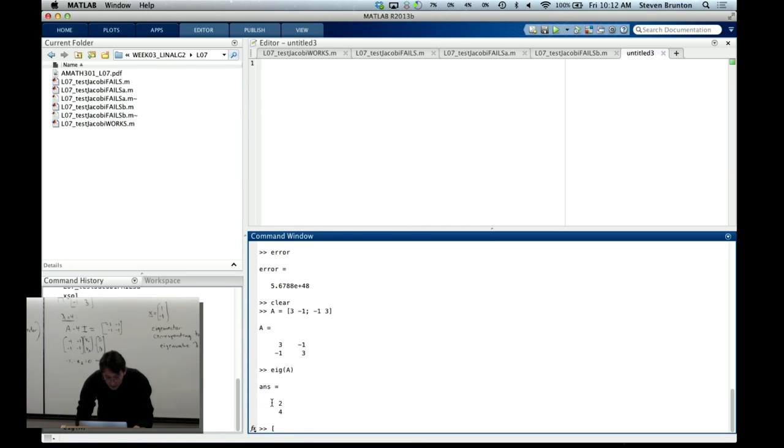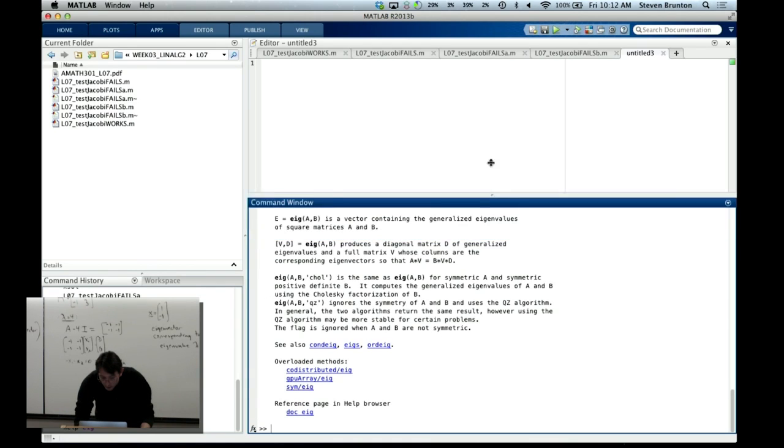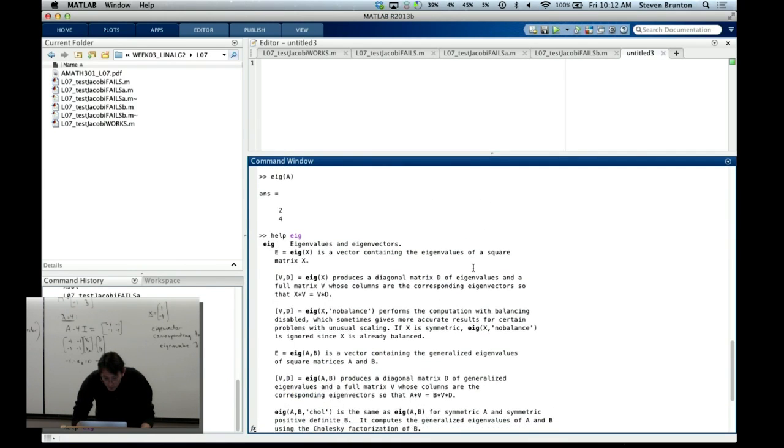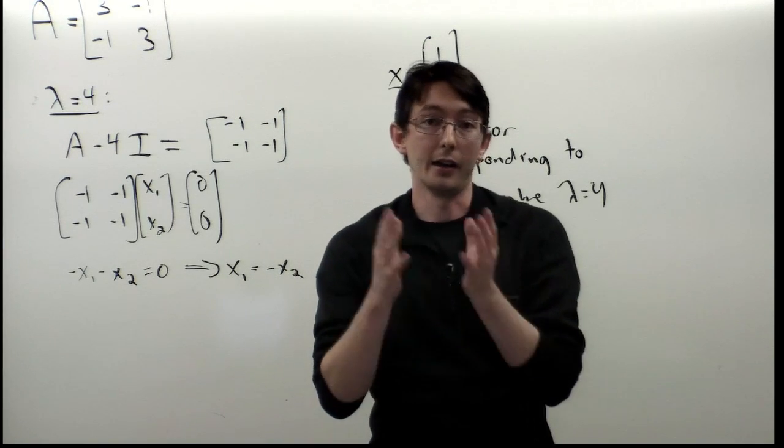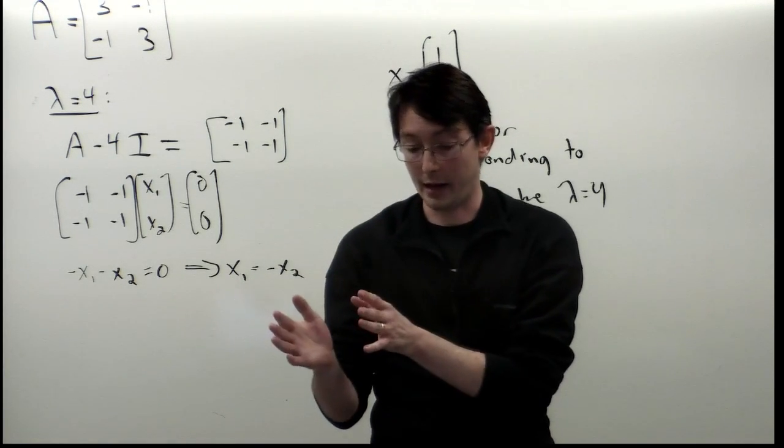Now let's do help eig. In most MATLAB functions, there are ways of getting different types of outputs. If I just say eig of A, it just gives me the eigenvalues.